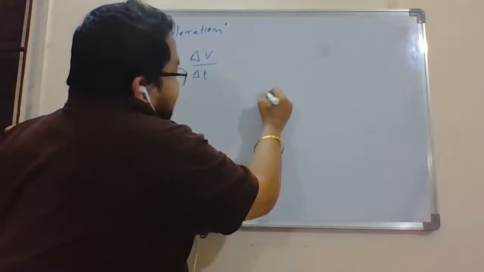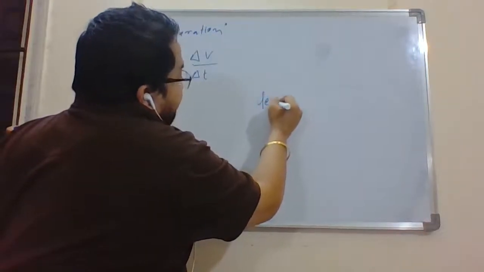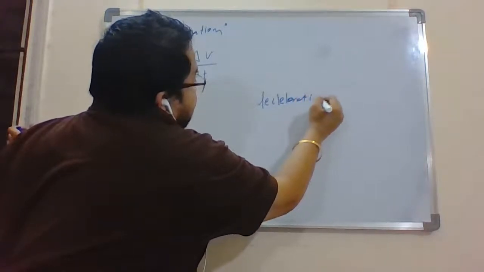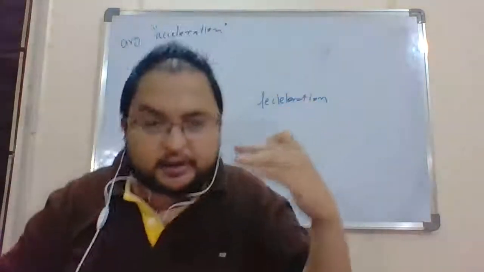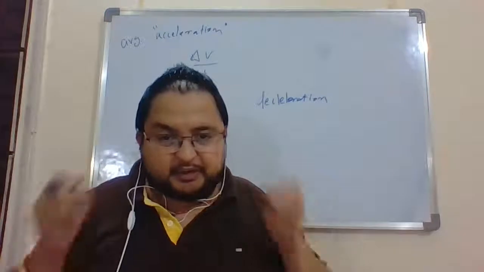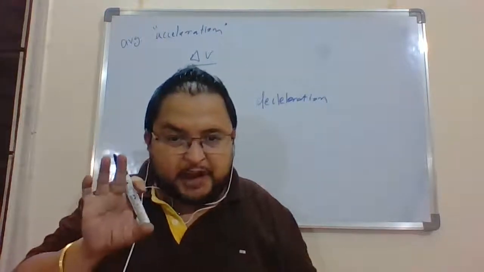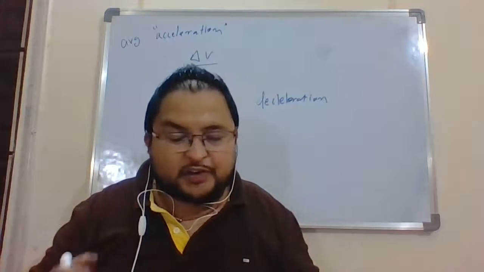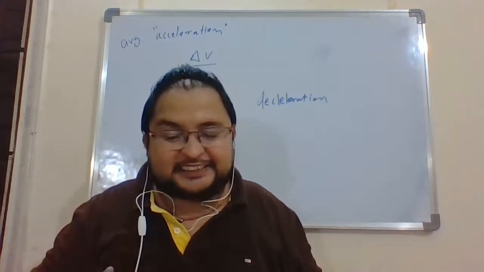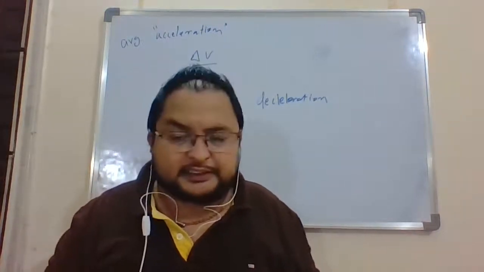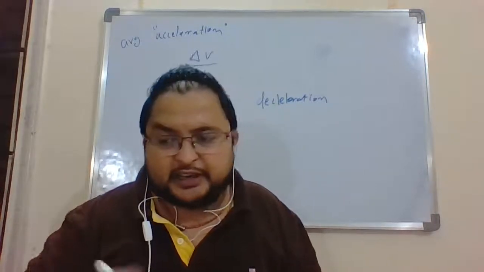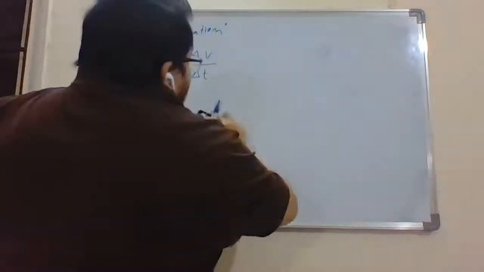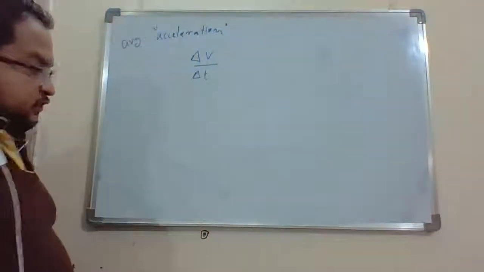Similarly, there's a word called deceleration. Whenever you are decreasing the speed, say we apply a brake in a car or a bike to slow it down, we are actually applying deceleration, or you can say negative acceleration, whatever you want to call it.